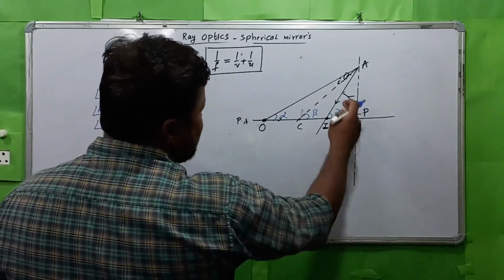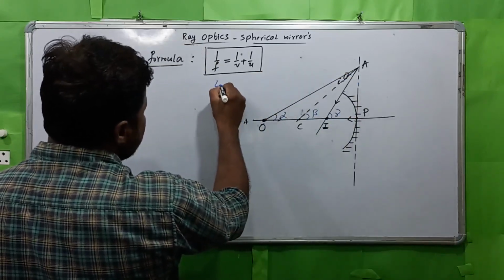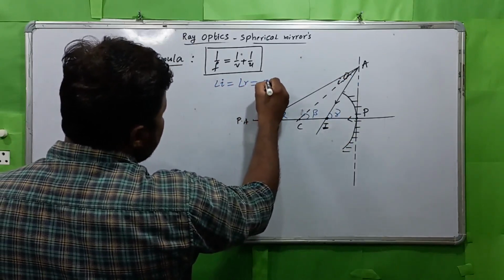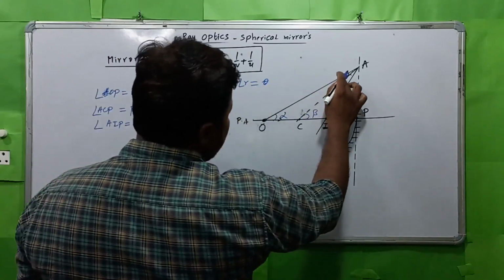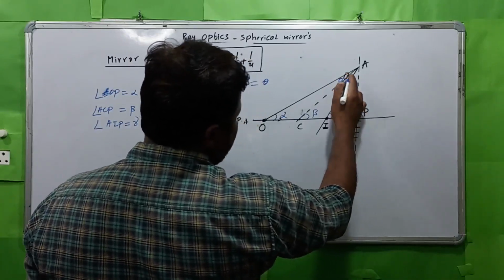For our convenience, I will take the angle of incidence and angle of reflection to remain the same. Angle i is equal to angle r. I will move with theta. So this is theta. This also has to be theta.